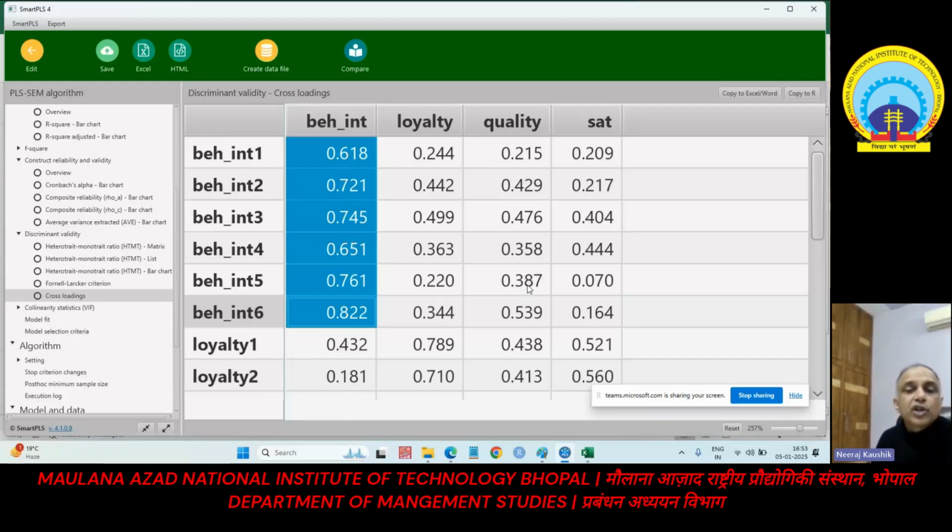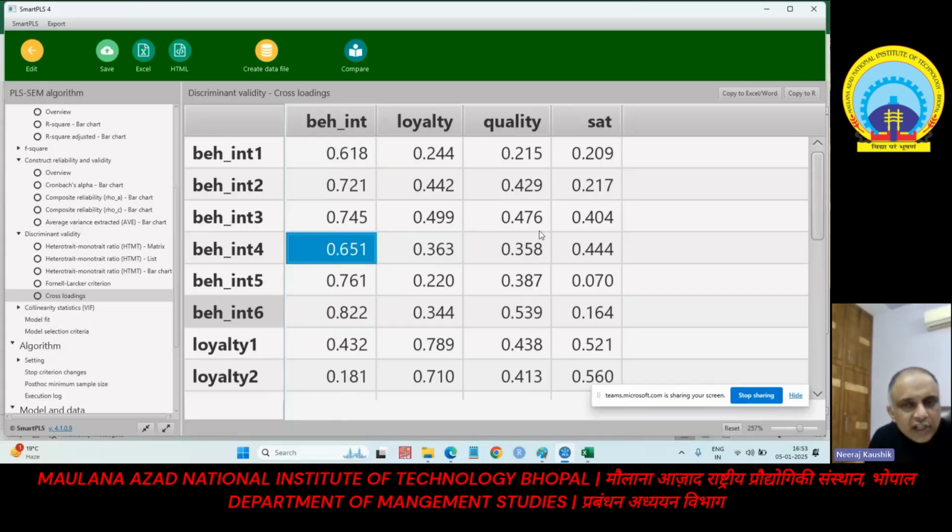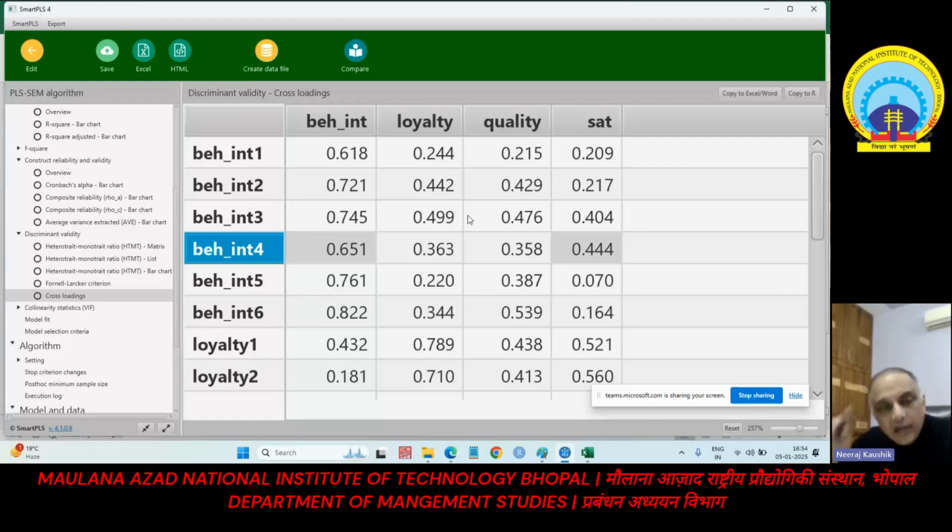Here you will find who is the defaulter. If this value is low and this value is high, in case it is 0.84, it means behavioral intention is less interested in its own family and more interested in the satisfaction family. So what to do? This behavioral intention needs to be removed from that construct and your discriminant validity will improve.